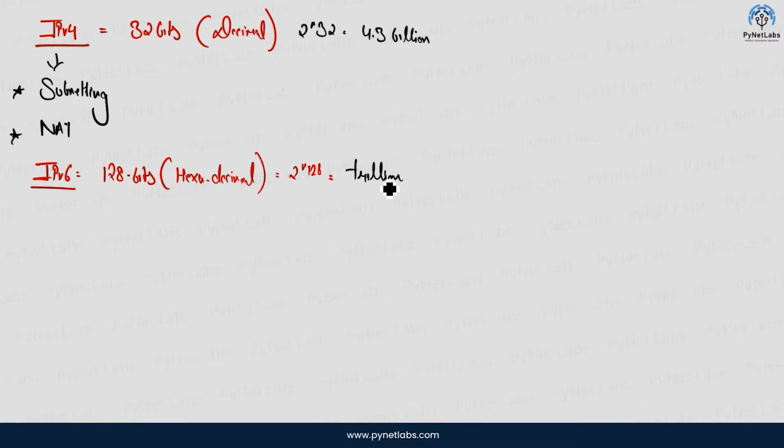Because it is 128 bits, it provides a very large address space. So we will not run out of IPv6.